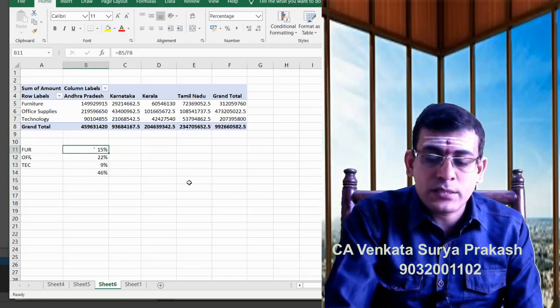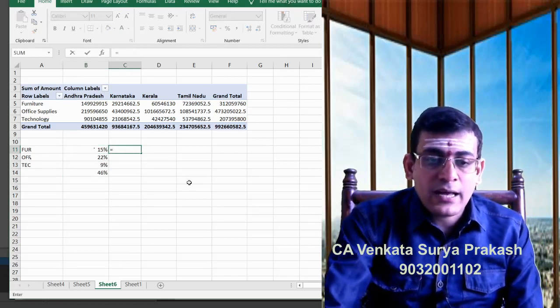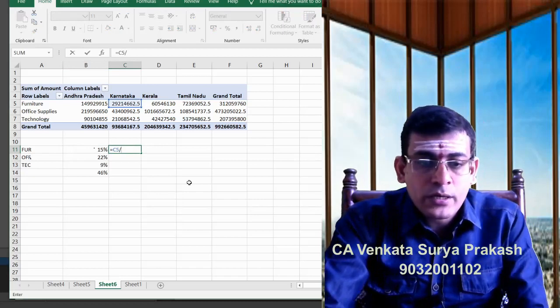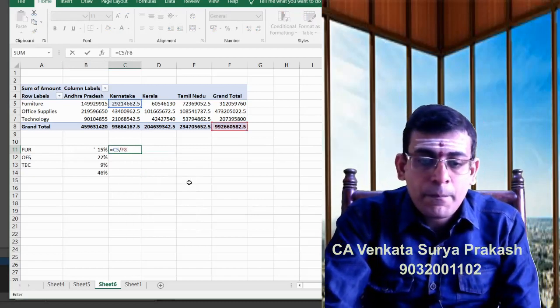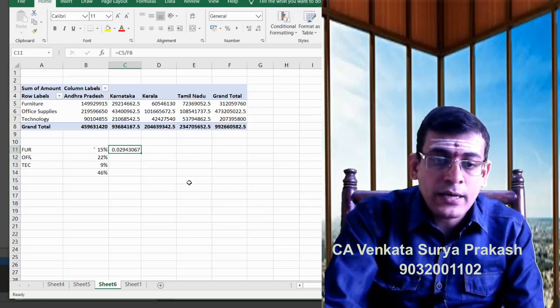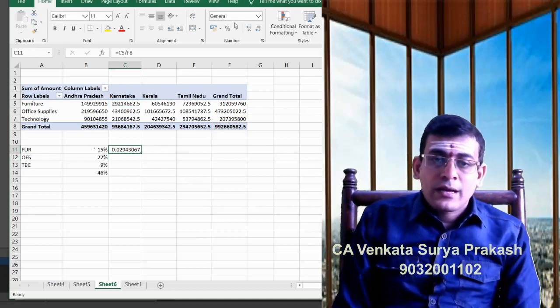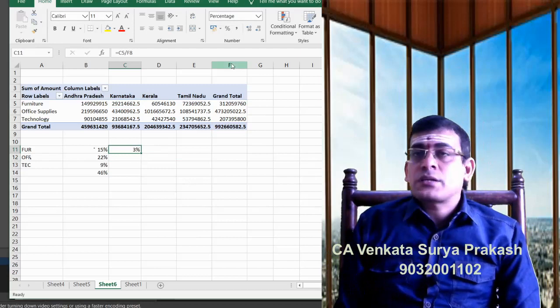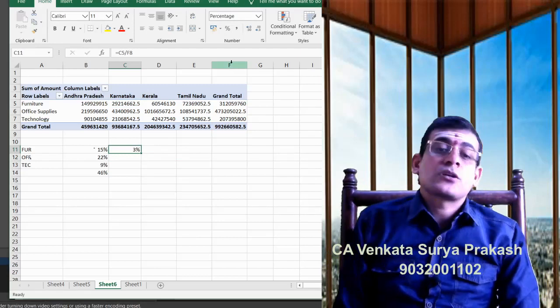So now let us see what will happen for the Kerala furniture business. Kerala furniture business is getting a percentage of 29%. That means Karnataka, if you observe, is getting 3%. Karnataka is getting only 3% of the revenue.